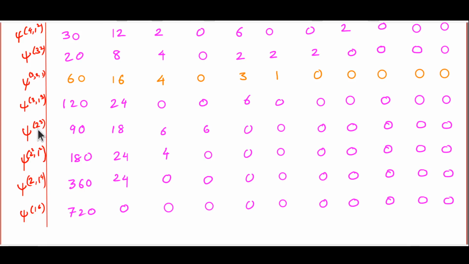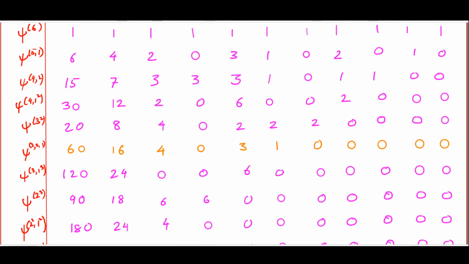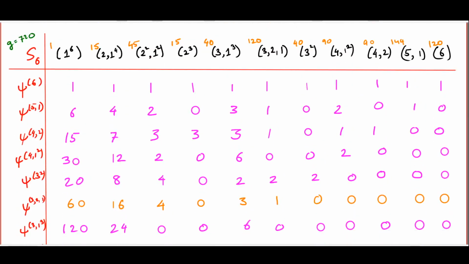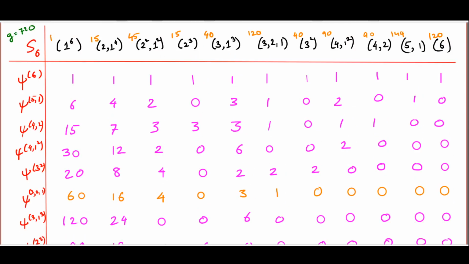So if you have anything larger than a 2 cycle in your original permutation, that will not survive into a subgroup. And that gives you all these zeros. So although the calculation may look pretty lengthy, it's really not as lengthy as it looks, because many of the results can be just trivially written down to be 0.